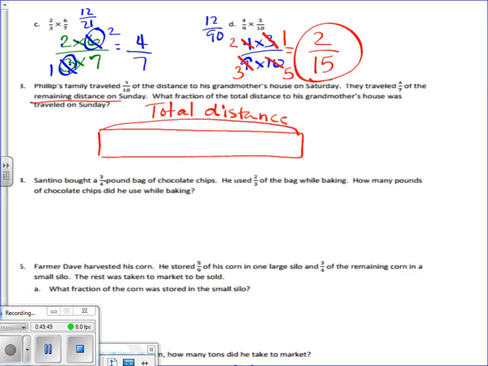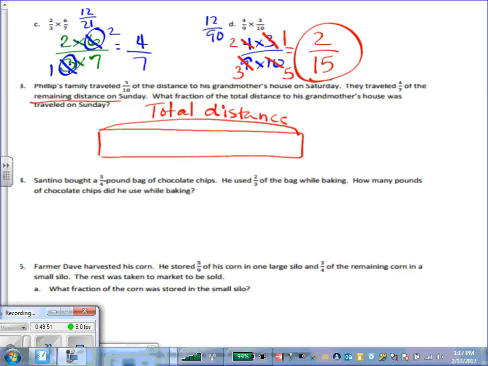So, how many parts do we need to put? How many sections do we need to place in our tape diagram? How many pieces do we need to put in it?